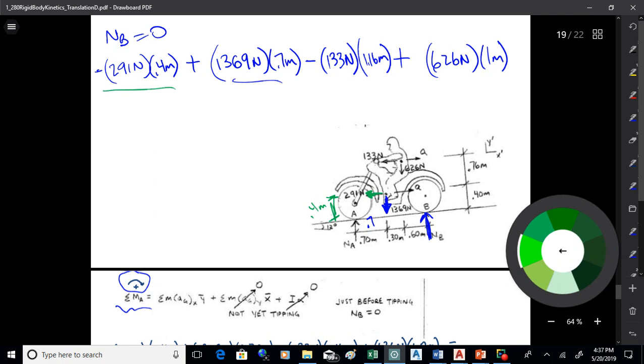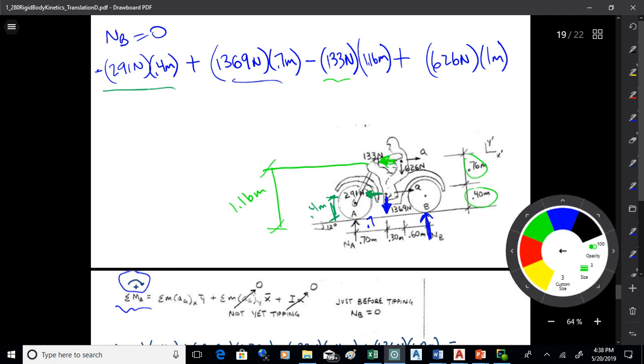And then we got the 133. It's this one. And that'll be a combined moment arm of 0.4 and 0.76. So that'll be 1.16 meters. And then we're going to have the 626, 0.7 and 0.3 will get you 1 meter.